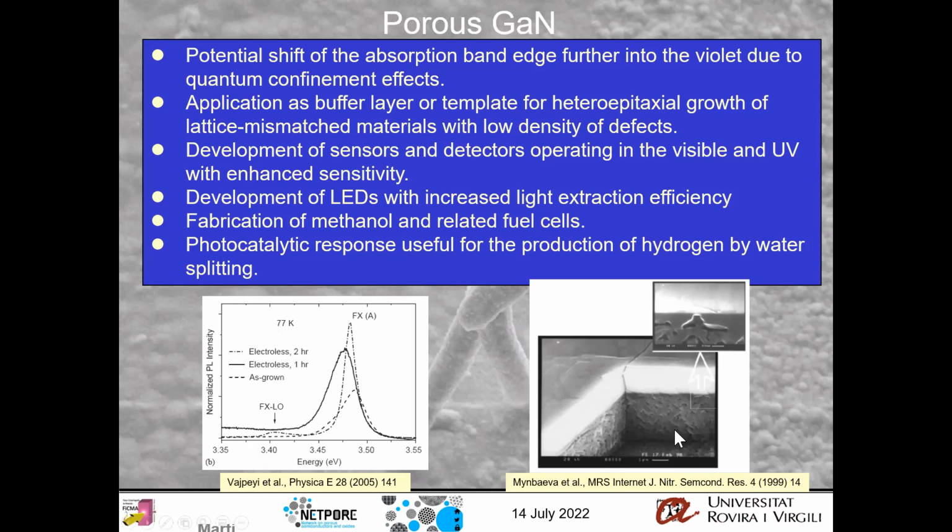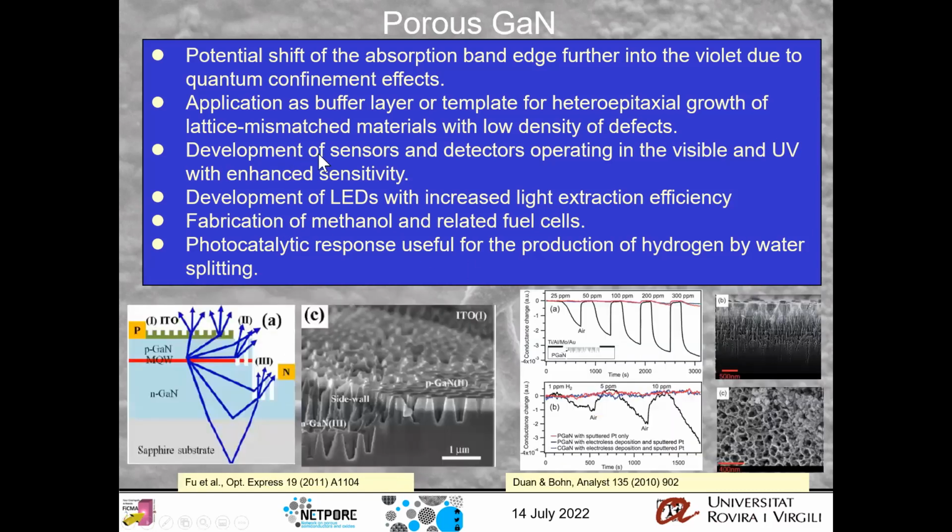On another side, it can be used as a buffer layer or template for heteroepitaxial growth of lattice mismatched materials with low density of defects, and also in the development of sensors and detectors operating in the visible and the UV with enhanced sensitivity, and the development of LEDs, as we can see here, with increased light extraction efficiency due to the multiple reflections that light can have in the pores.